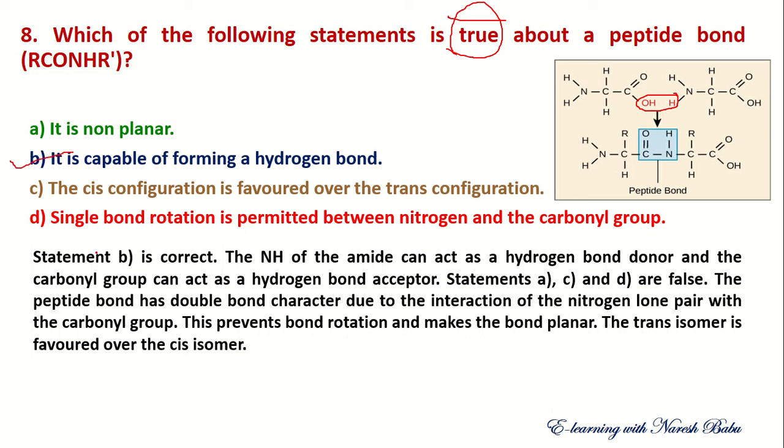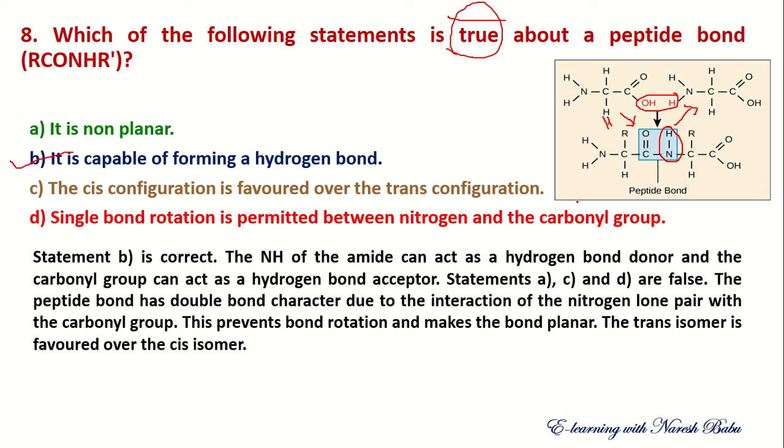The NH of the amide, CONH, can act as a hydrogen bond donor. So this hydrogen is donated. And the carbonyl group can act as a hydrogen bond acceptor.